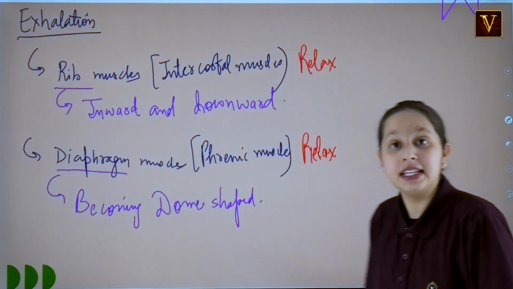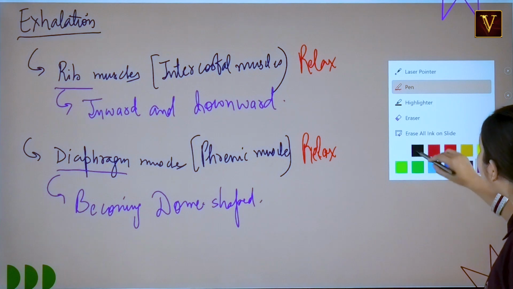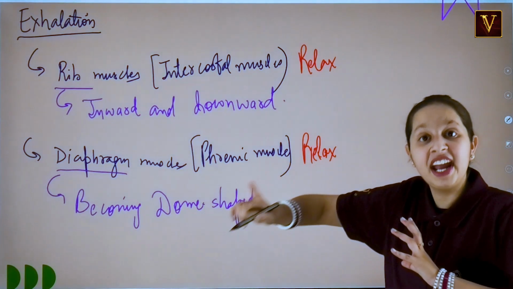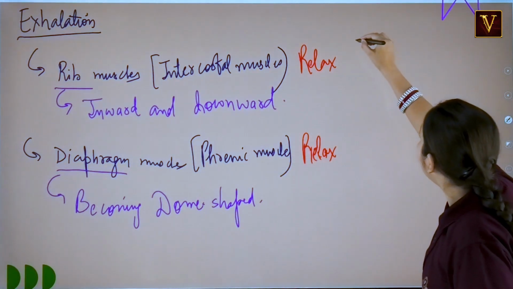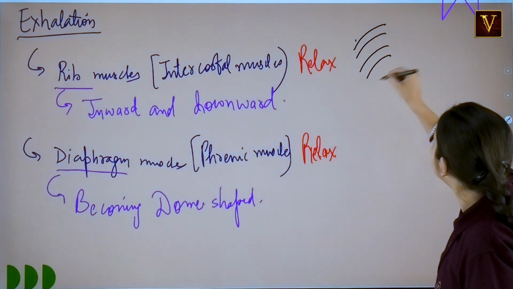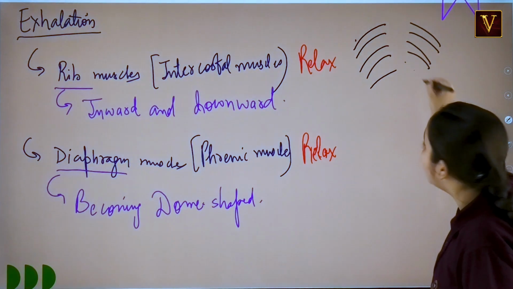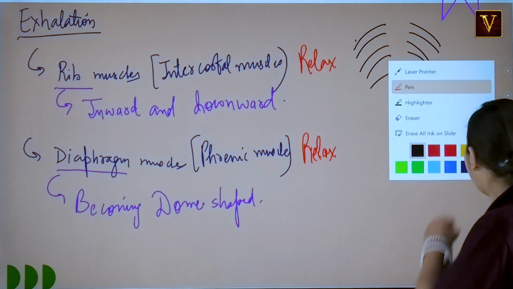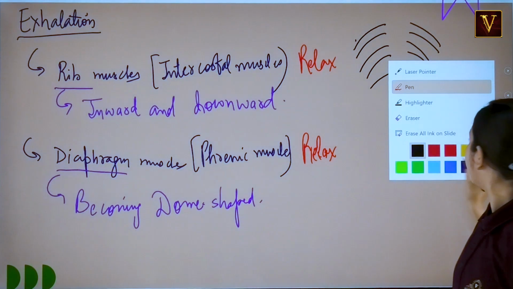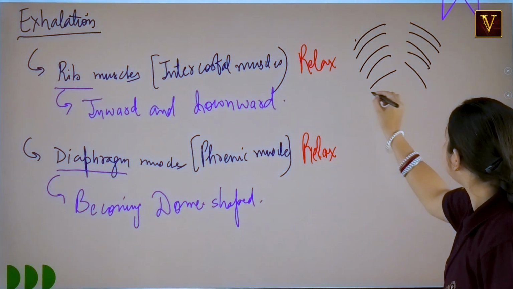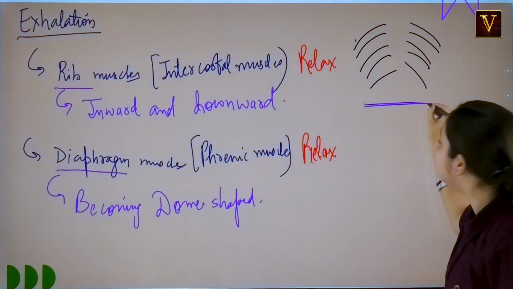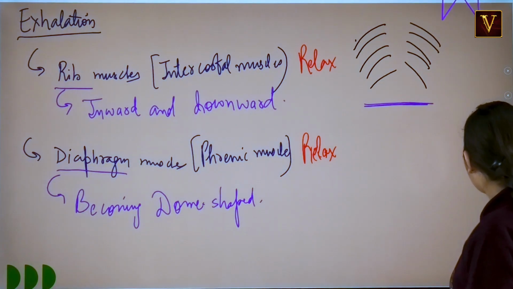Got it? Let's see this. So what did we have when we inhaled or inspired? The condition was this: upward and outward ribs. And what was the position of the diaphragm? The diaphragm was flat. Now what is happening?